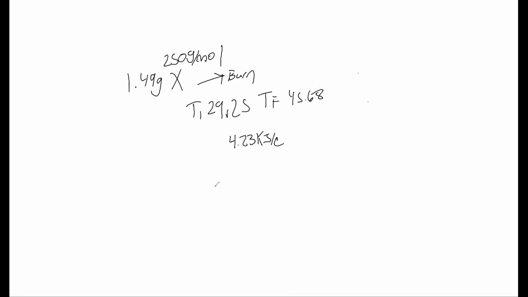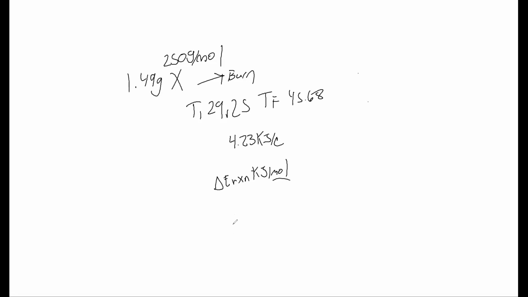What's delta E reaction in kilojoules per mole? Basically, what I'm saying here is if I have 1 mole of substance, when I blow it up, how many kilojoules of energy did I release?